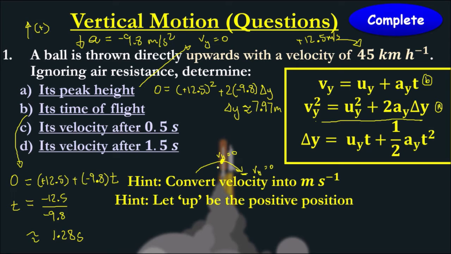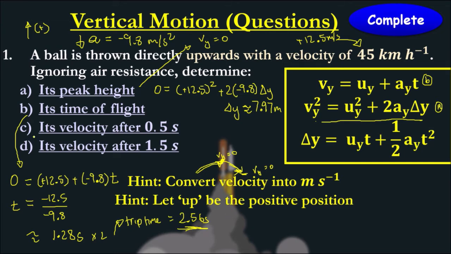So what we actually found originally with 1.28 is the time it takes to reach peak height, not trip time. Just make sure the ball is thrown directly upwards, so it will reach the same height at which it was launched, where it falls. So just times that by 2, and that will be trip time, which is roughly 2.56 seconds. That's the total time for the entire trip.